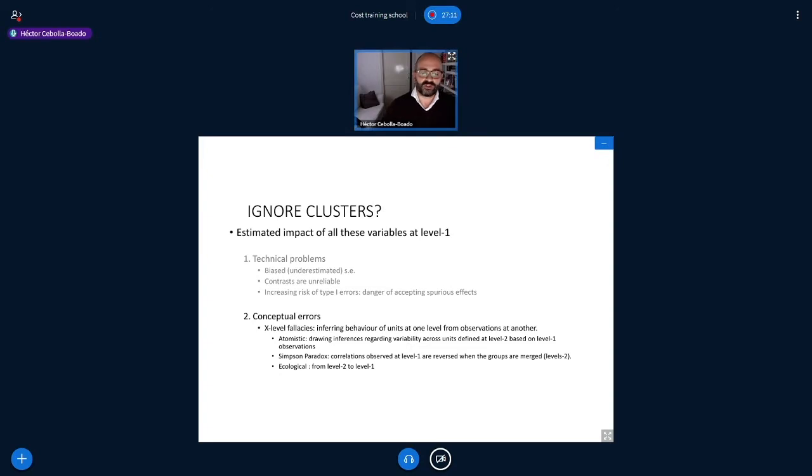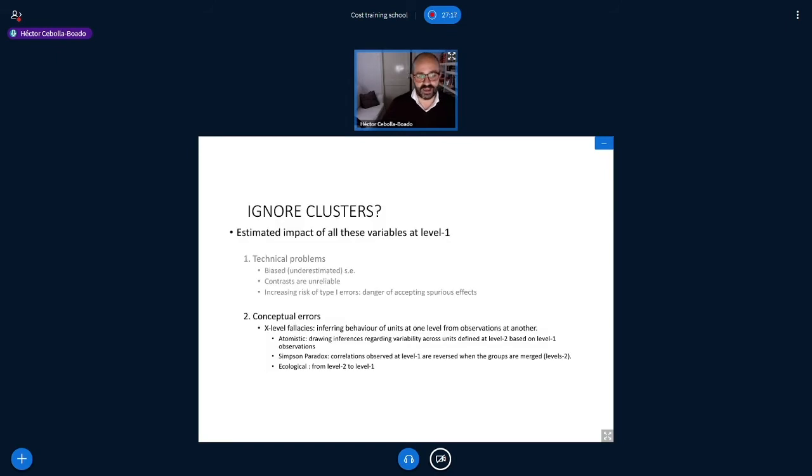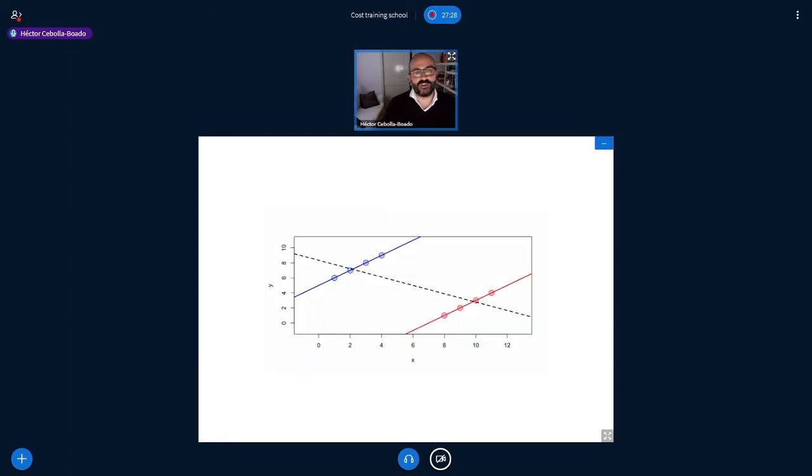One of the most important, of course, is different types of fallacies, like the atomistic fallacy or Simpson's paradox or the ecological fallacy, which is probably the best known of these different fallacies. So it's just like the possibility that you may have two schools that behave this way.